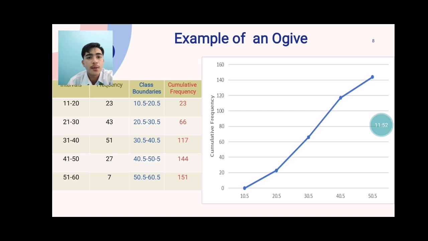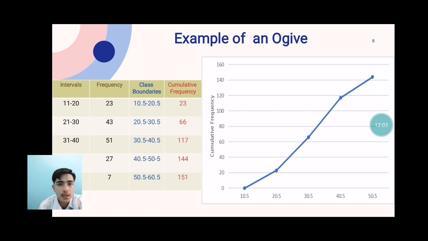Next is 51. 51 plus the previous frequencies, 43 and 23, gives 117. So you add 51 plus 43 plus 23. Next is 27, plus all the previous frequencies, 51, 43, and 23, so you have 144.